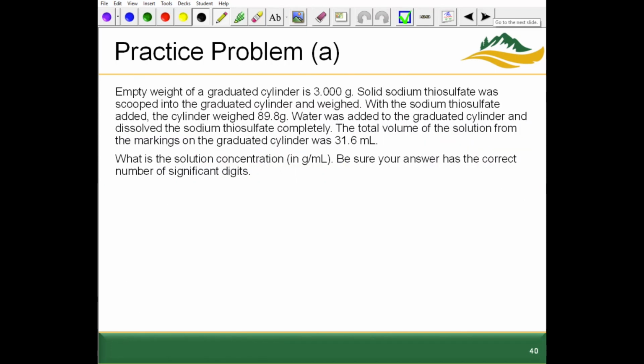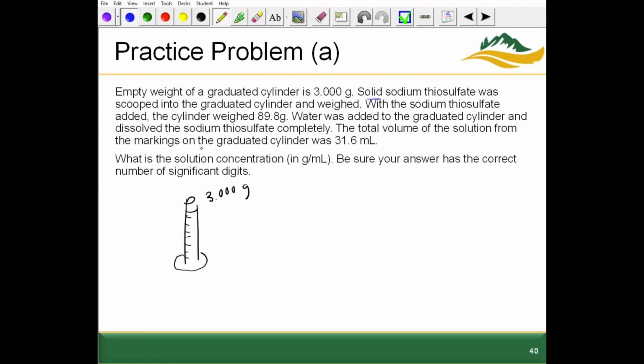Now, a practice problem that can involve some multiplication, division, addition, and subtraction, a combination, would be an example like this. We're told that an empty graduated cylinder weighs 3.000 grams. It has these markings here, and then it is filled with a solid.